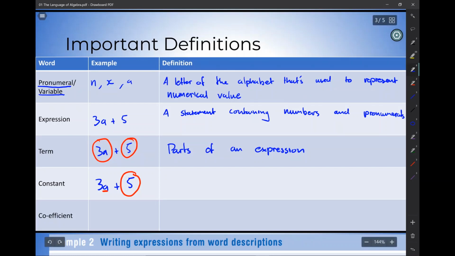The value of 5 will never change. That's why we call it the constant. It's the part of an expression with only numbers. No pronumerals.